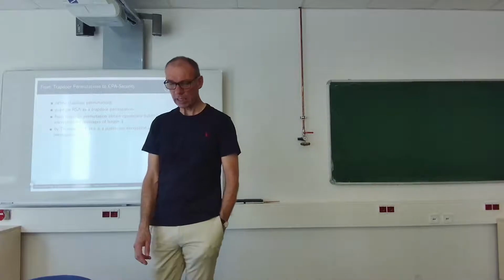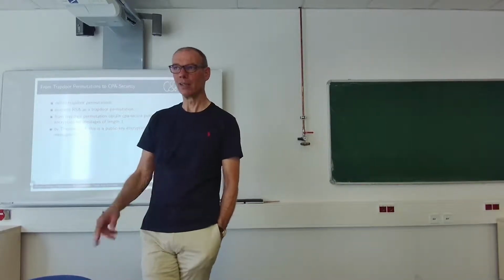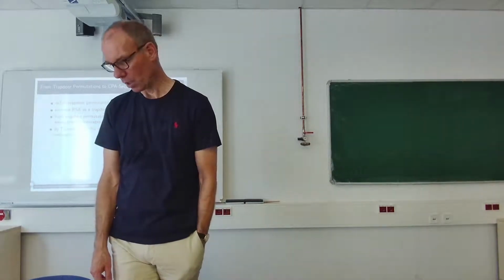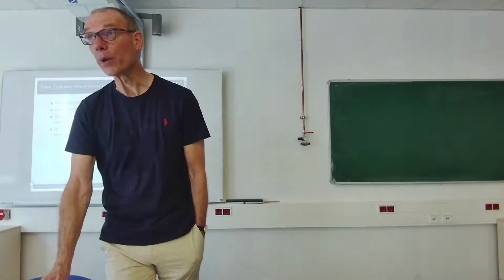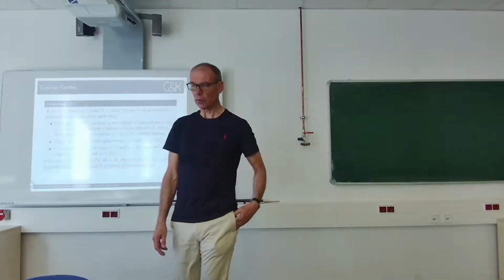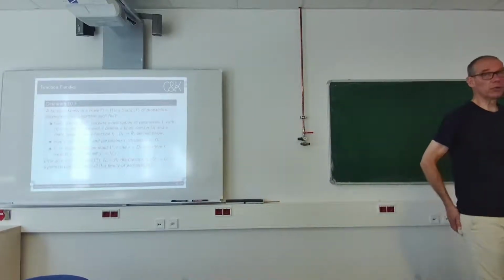We'll see where in the proof it becomes important that it's a single bit. It's a little bit technical, but it's clear where we actually use it. So first, we need to define function families.